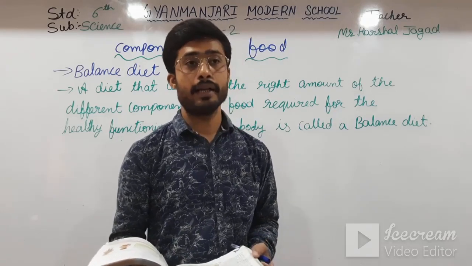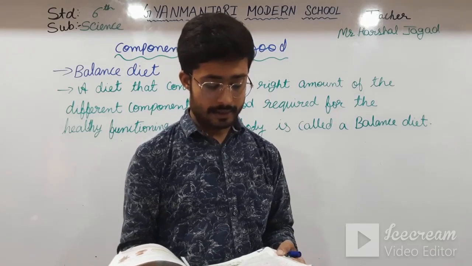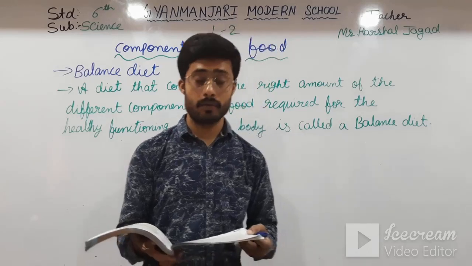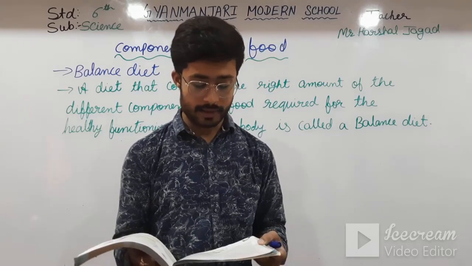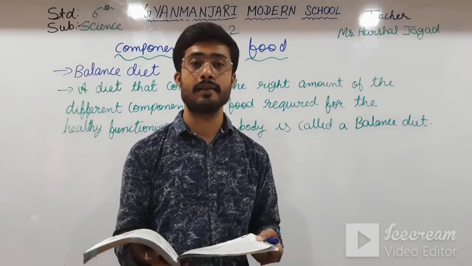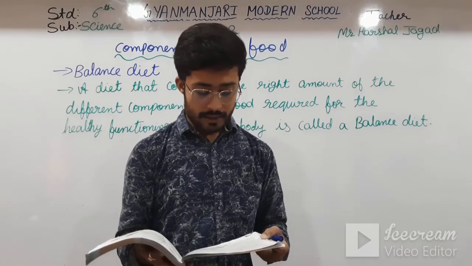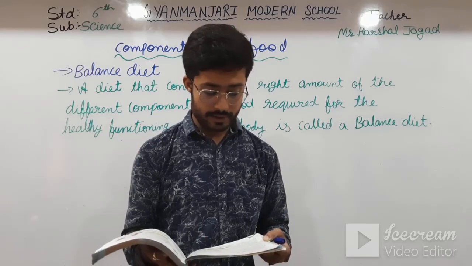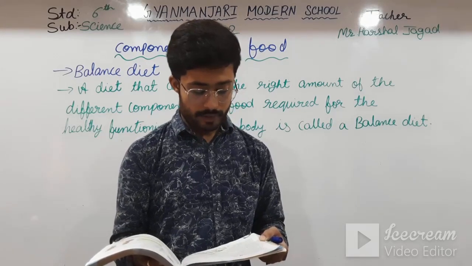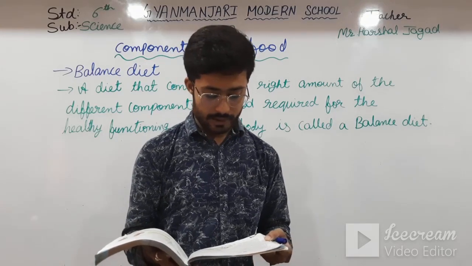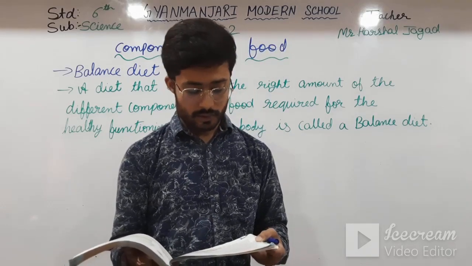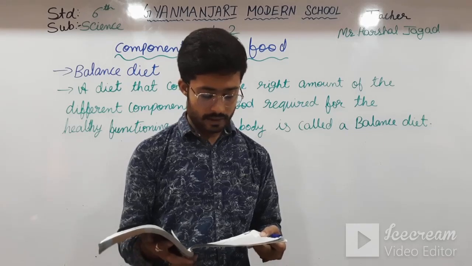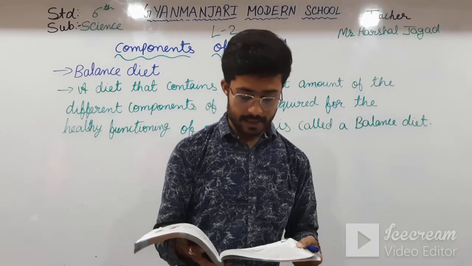Different foodstuffs are rich in different components. Therefore, we must include a variety of foodstuff in our diet. Figure 2.7 shows the right proportion in which each component should be included in the diet.